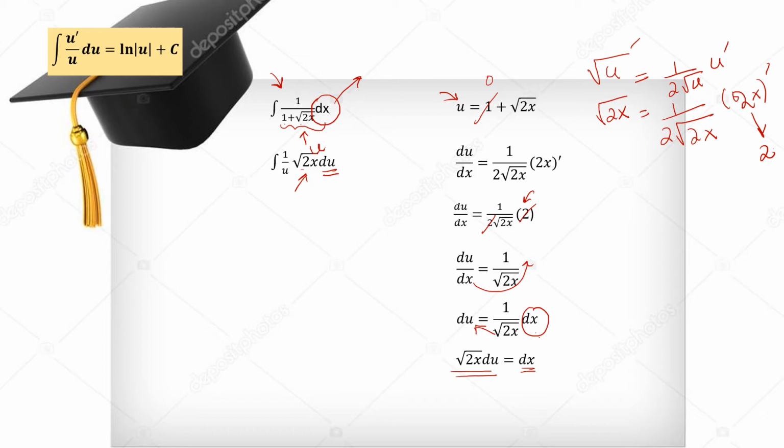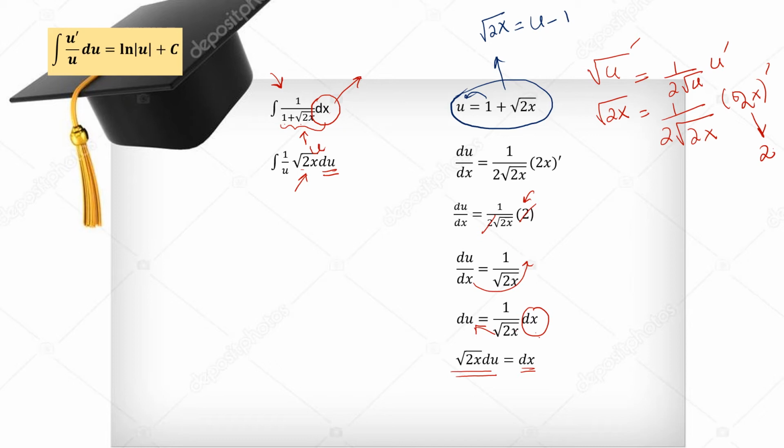So we will find the value of square root 2x from our supposition expression. Square root 2x equals, bringing the 1 to the other side, u minus 1.